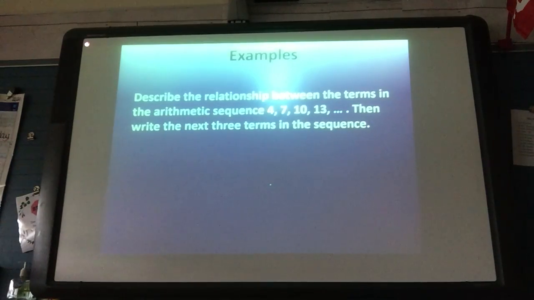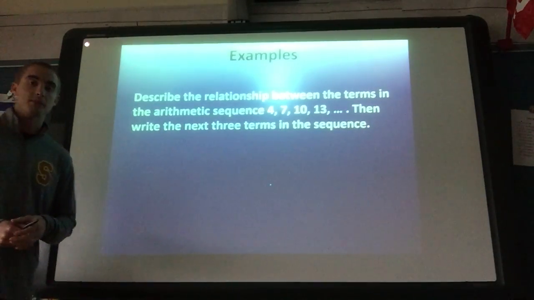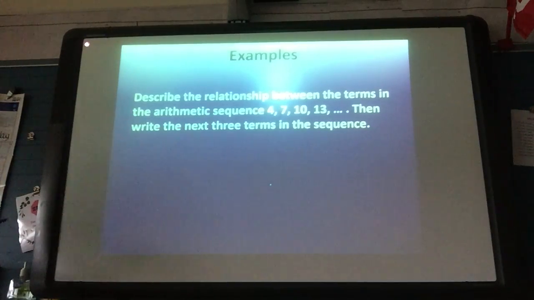Okay, so the first thing I want to do is just get into some of the examples. So our first example here, describe this relationship between the terms in the sequence: 4, 7, 10, 13, and so on. And then we'll write the next 3 terms.